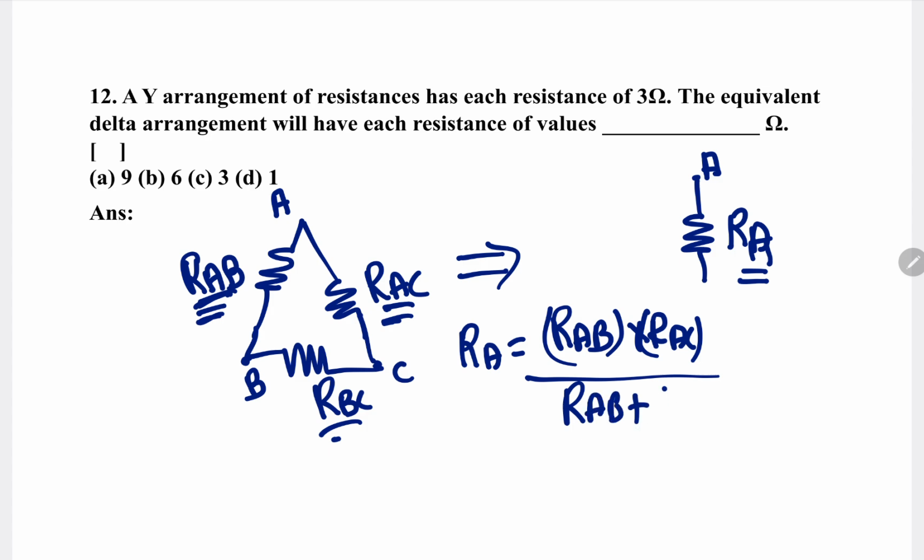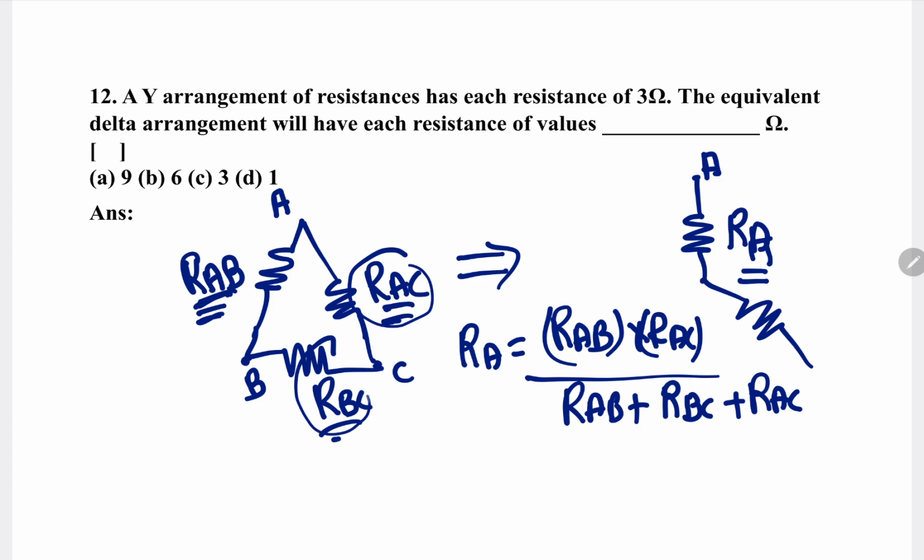RAB plus RBC plus RAC. Similarly, the resultant of RAC and RBC is connected to C, that is RC. This RC value came due to RAC and RBC.